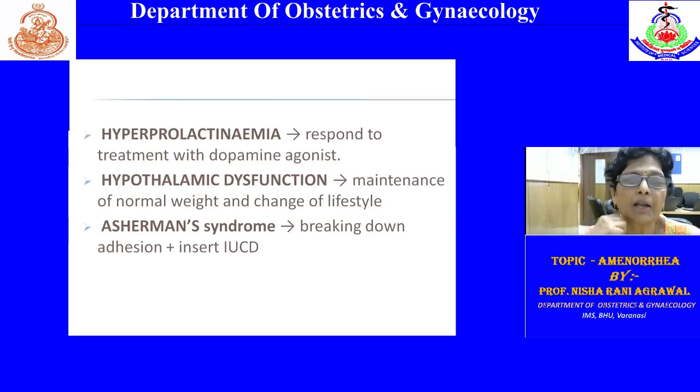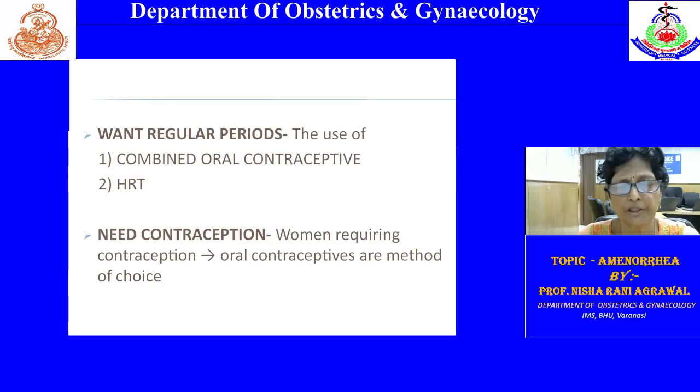In hyperprolactinemia, they respond to dopamine agonists, as I told you, bromocriptine and cabergoline. Nowadays, mostly cabergoline is used. Hypothalamic dysfunction: maintenance of normal weight and change of lifestyle is required, especially in anorexia nervosa. For Asherman syndrome, I have already told you, breaking down of adhesions and insertion of the IUCD.